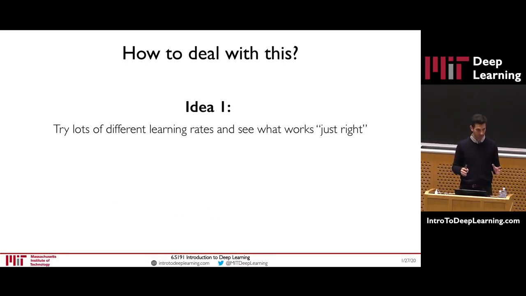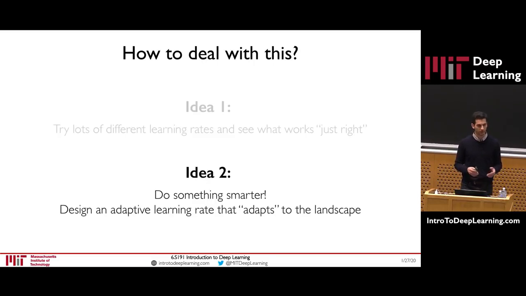Now, the question that you're all probably asking is, how do we set the learning rate then? Well, one option is that you can just try a bunch of learning rates and see what works best. Another option is to do something a little bit more clever and see if we can have an adaptive learning rate that changes with respect to our loss landscape. Maybe it changes with respect to how fast the learning is happening, or a range of other ideas within the network optimization scheme itself.